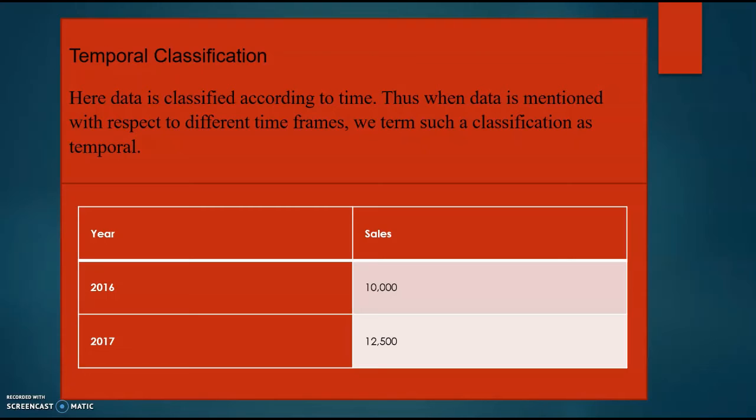Time may be in hours, days, weeks, months, years, etc. Here this data is classified according to year 2016 and 2017. In this table, the classifying characteristic is sales in a year and takes values in the scale of time.